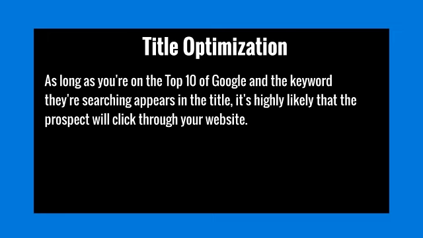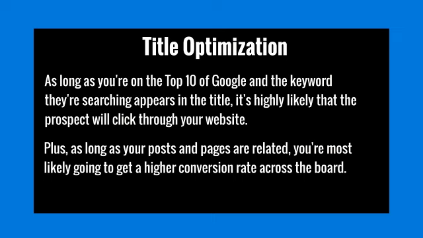So as long as you're congruent from the keyword to the title, to the post or page, to the content itself, to the call to action, to the product, everything congruent from the beginning to the end, you're most likely going to gain the trust of the prospect, and you're most likely going to get the conversion. That's the most important thing.